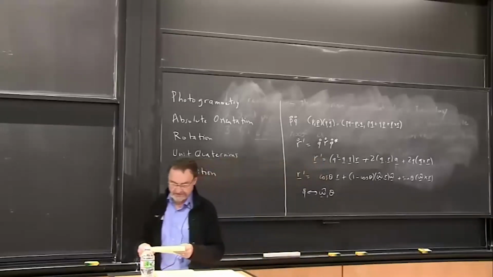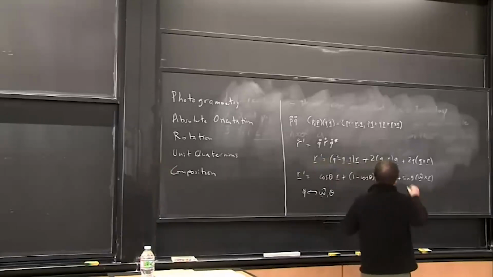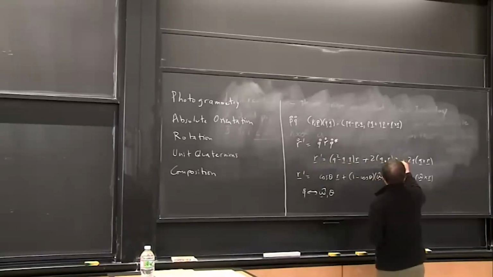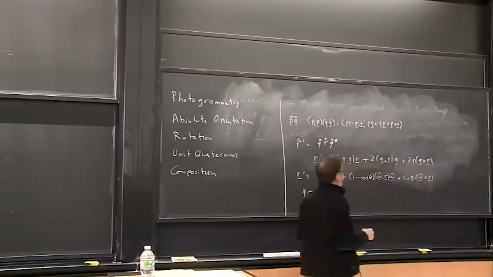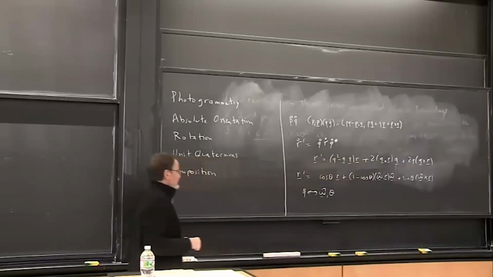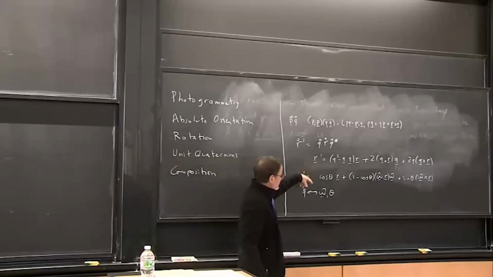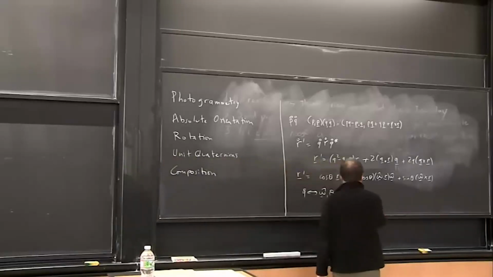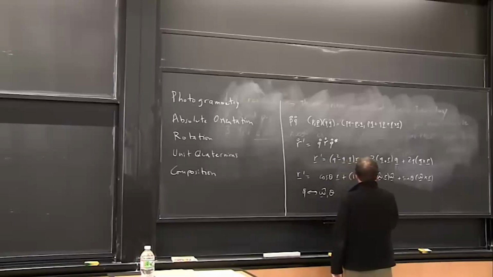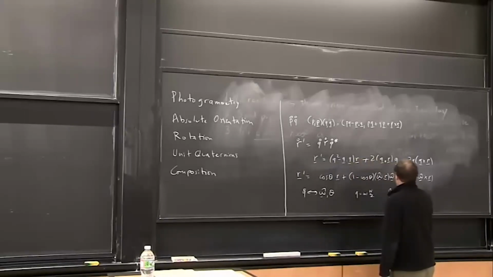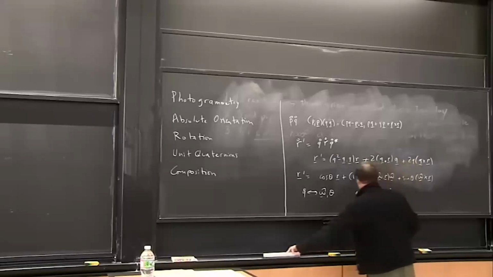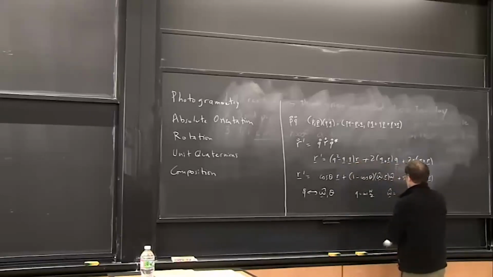So we can use that to write Q dot, sorry about the handwriting. Okay. And when we identify these two formulas, we find that actually Q is cos theta over 2, and Q vector is omega hat sine theta over 2.